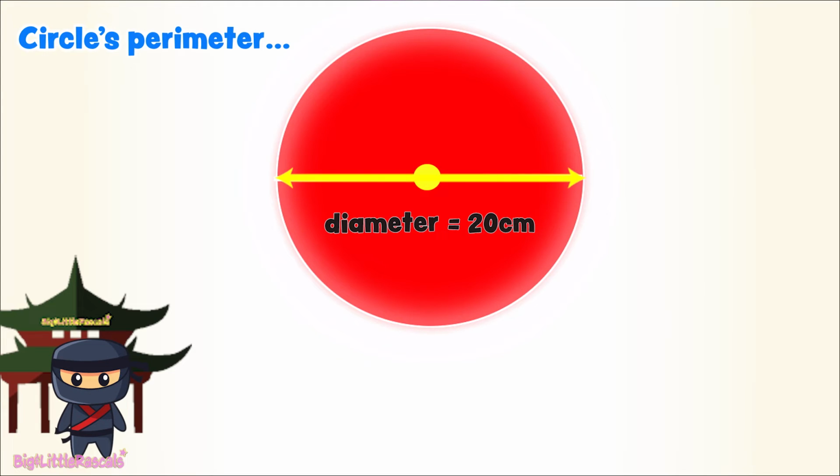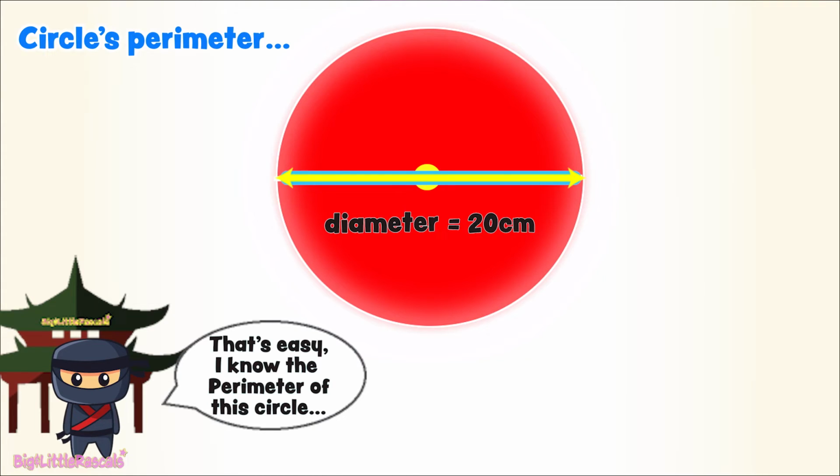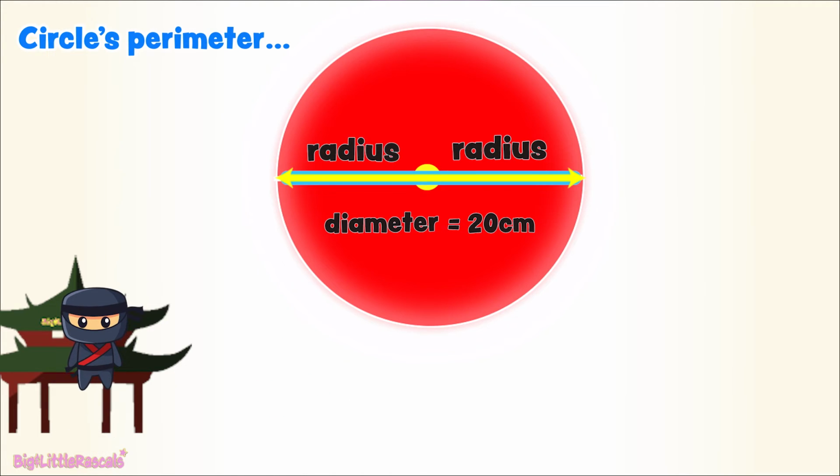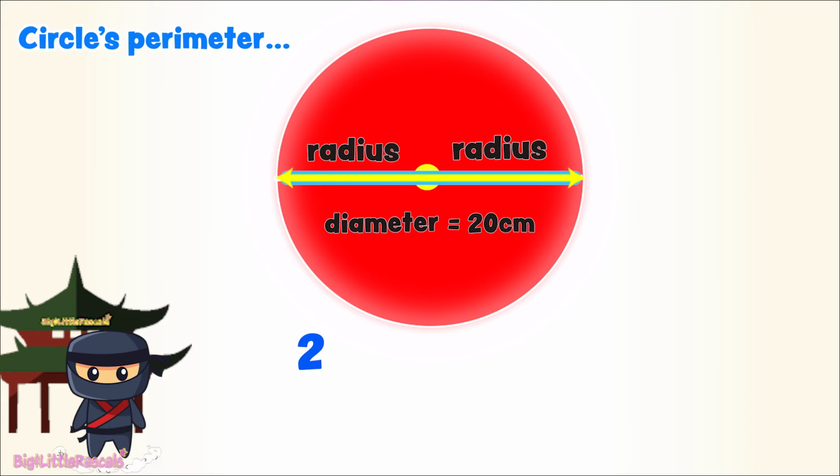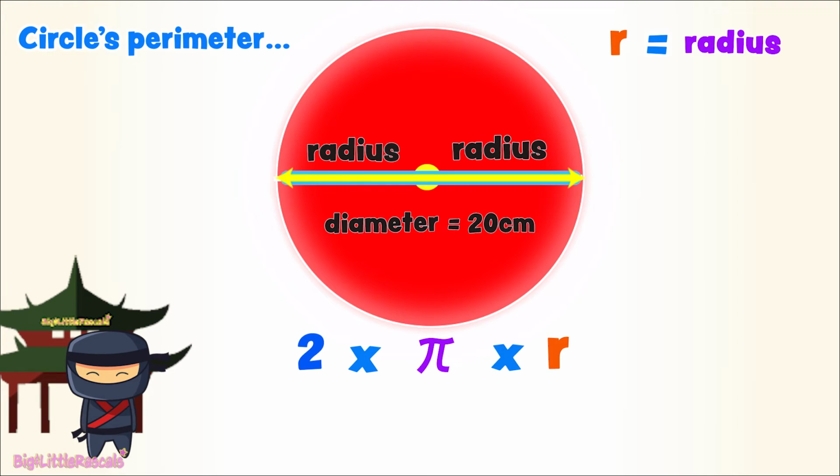So, Ninja, now, are you able to figure out the perimeter of this circle? If the diameter of this circle is 20 centimeters, it's 2 multiplied by pi multiplied by its radius.